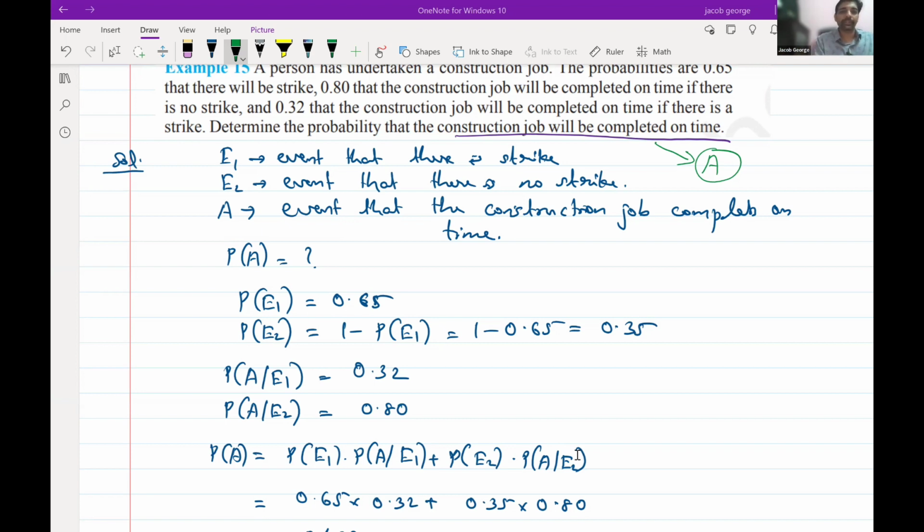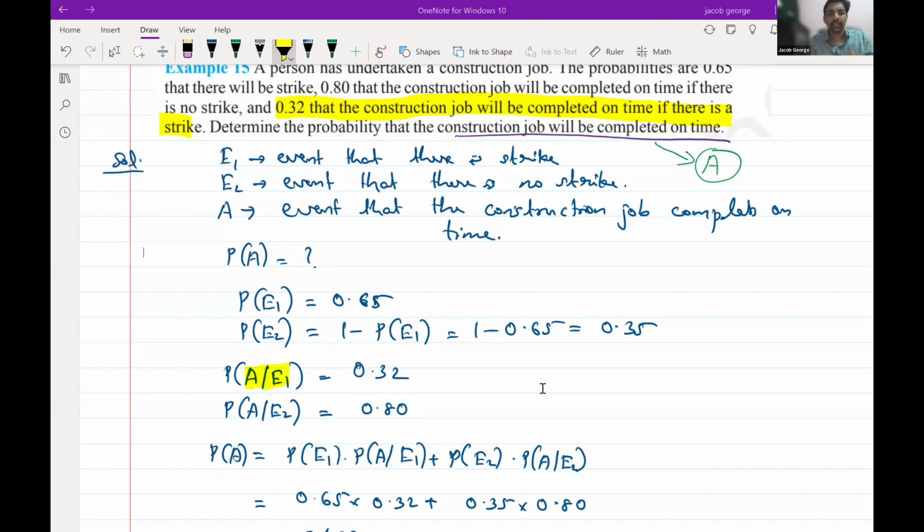So based on this, we write it is 0.32. Is it clear, children, that P of A given E1 means the job will be completed on time, given that there is strike? So it is 0.32.